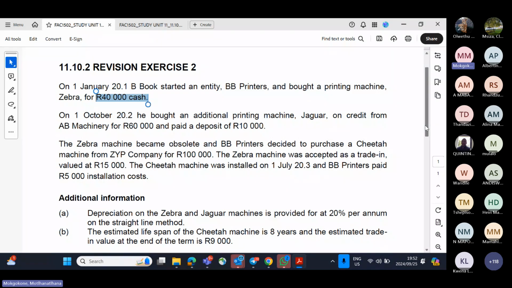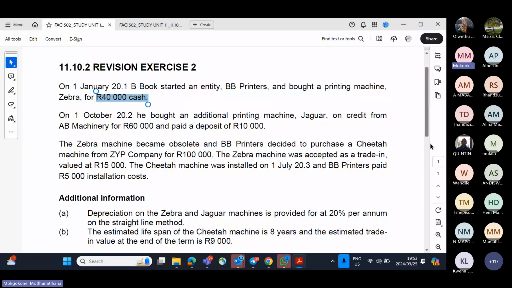Again, you calculate depreciation for 31st December 2022. You'll say 40,000 again because it's straight line method, times 20%. It will give you 8,000 again. This is the 8,000 plus 8,000, which gives you 16,000. That will be accumulated depreciation at the beginning of the current financial period.